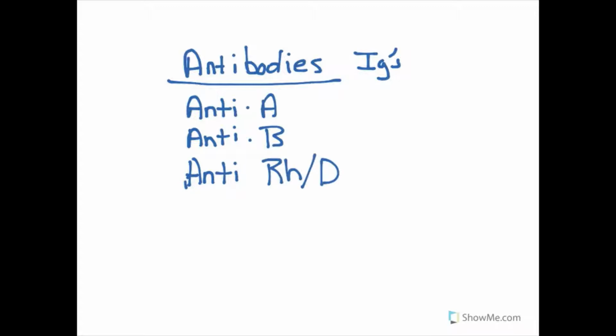And they are against the things they say. An anti-A antibody attacks blood cells with type A antigen. Anti-B antibodies attack blood cells that have B antigen, and anti-RH or D attack cells with RH or D antigen.